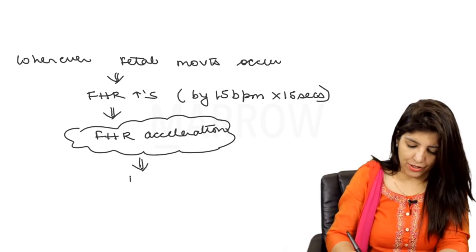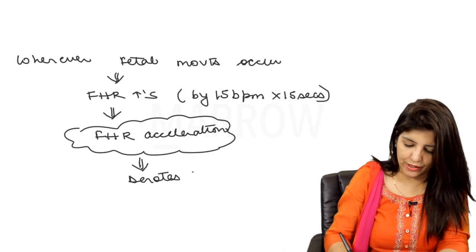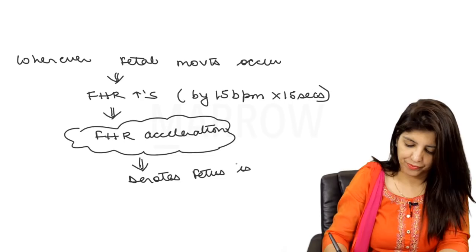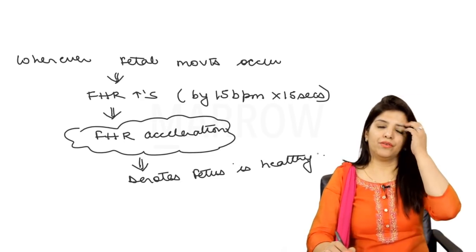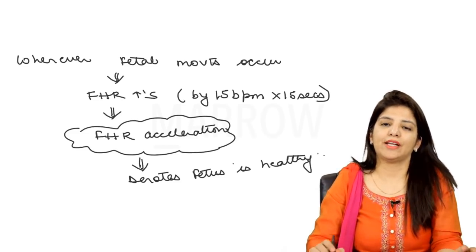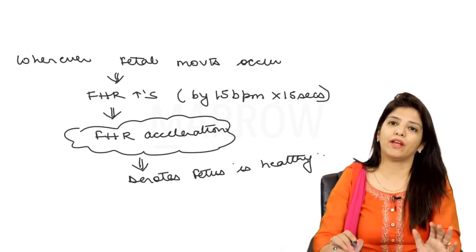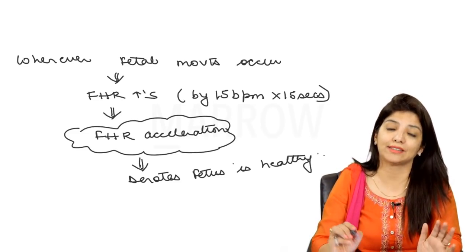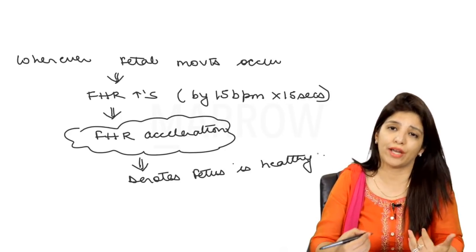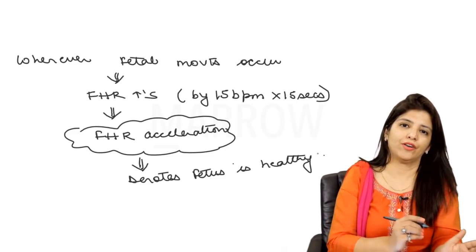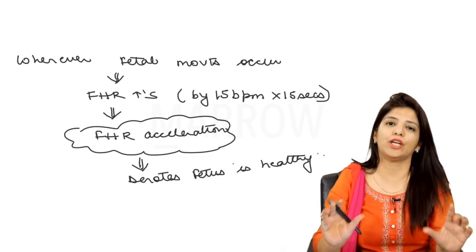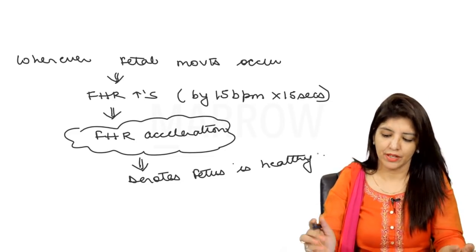Fetal heart rate acceleration always denotes that the fetus is healthy. Right? So whenever you are getting fetal heart rate acceleration, it is something good to get. Rather, I want that there should be fetal heart rate accelerations on the CTG strip. Clear?